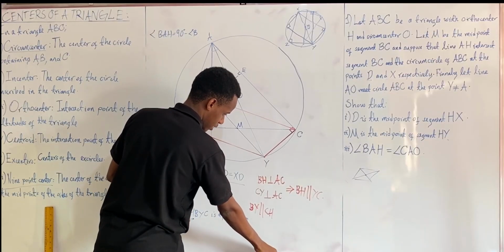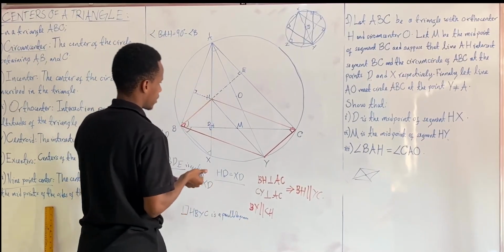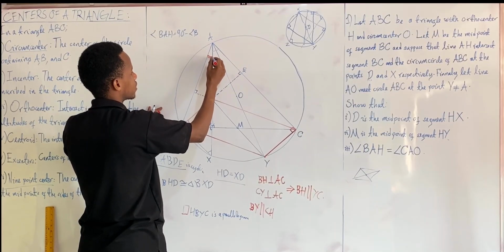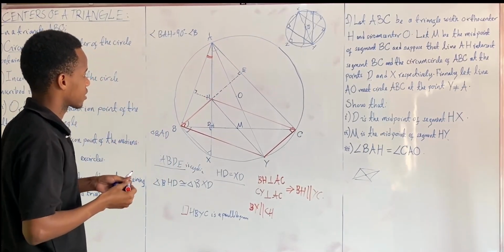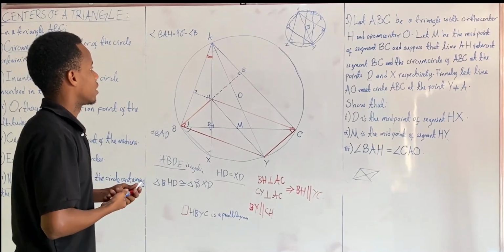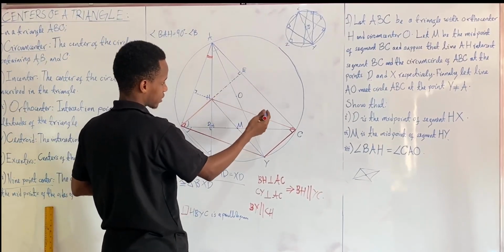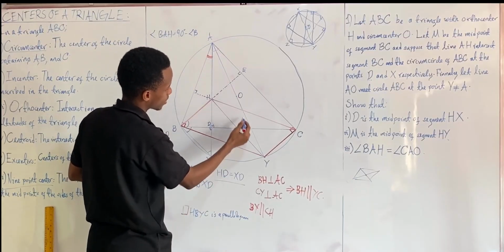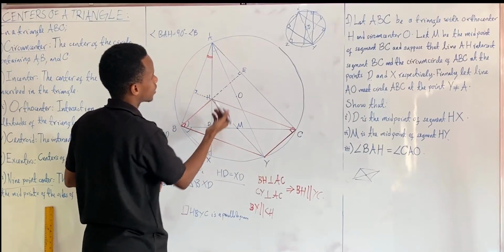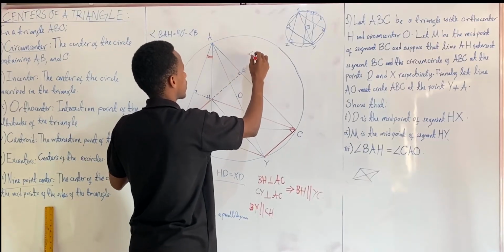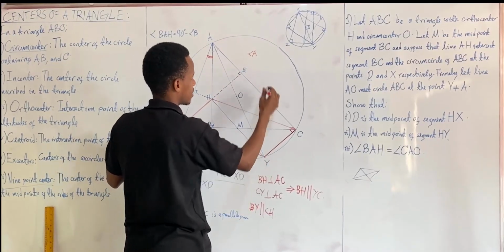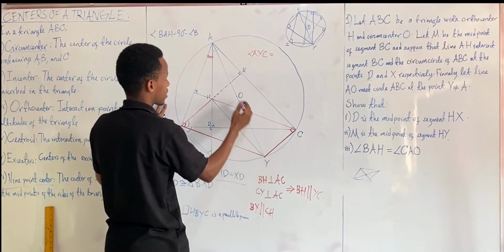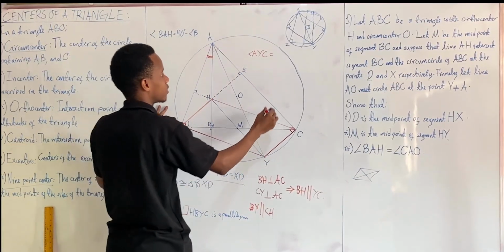So we can denote it by a red mark. That angle over there is 90 minus angle B. And so again, from the same fact, we know that this angle here, angle AYC, is the same as angle ABC.